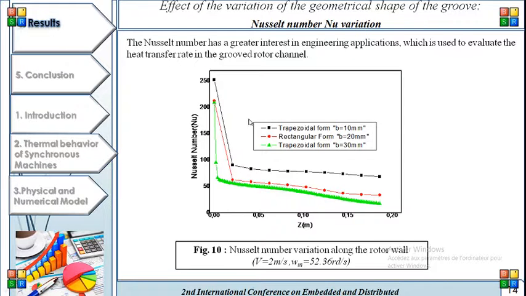As can also be seen, for the groove mounted on the rotor with base b equal to 10 mm, the Nusselt number is raised by about 15%, indicating good heat transfer, and it is the most favorable configuration, where the heat exchange is greater than in the others.